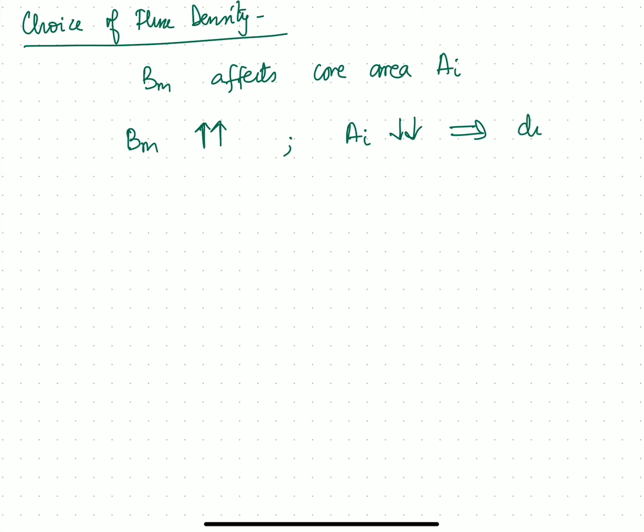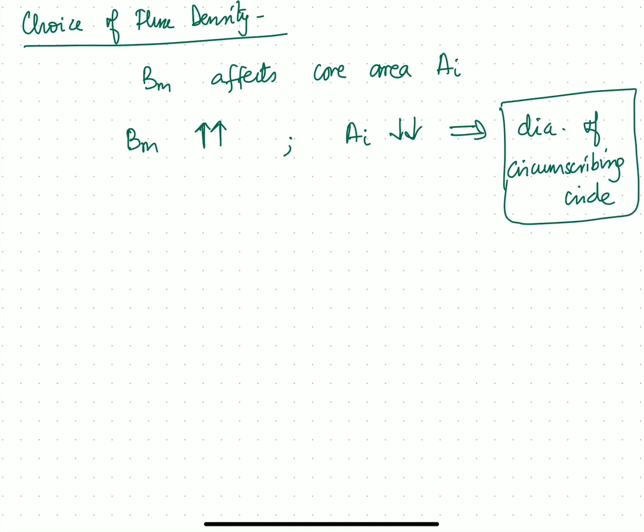This reduces the diameter of the circumscribing circle, which is the circle defined over the core.